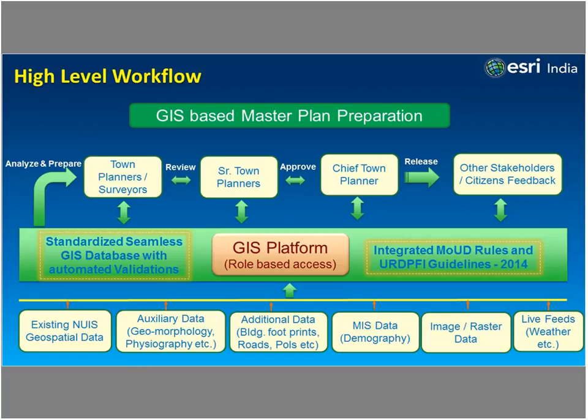Additional data may be needed if there are gaps, because as we are all aware, when we are doing city planning, our data is not always updated. So we need to fill up those gaps using some additional available data. Then we have MIS data, and certain imagery and raster data has to be accessed from various platforms.